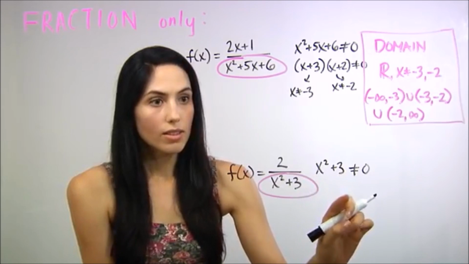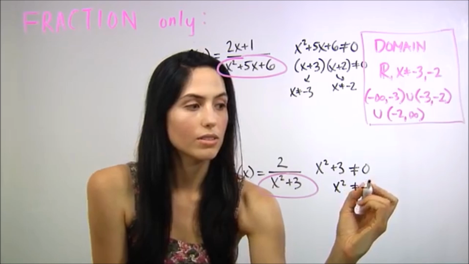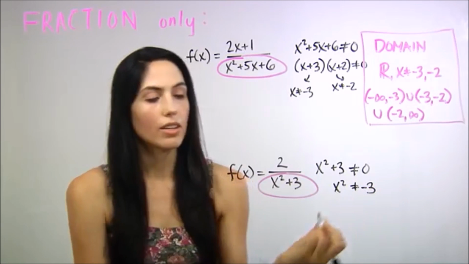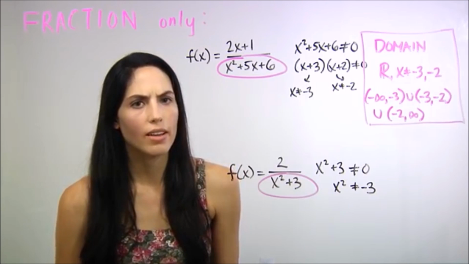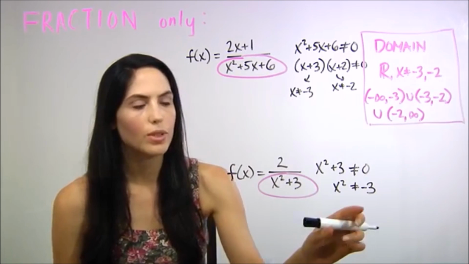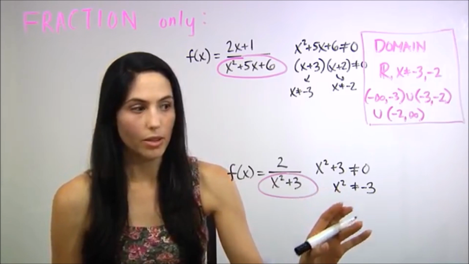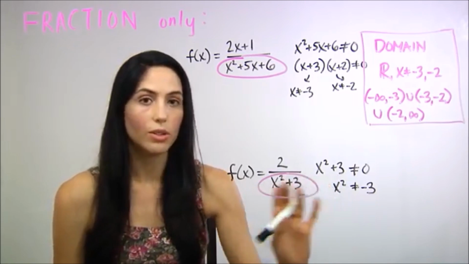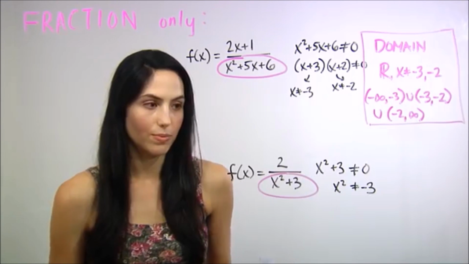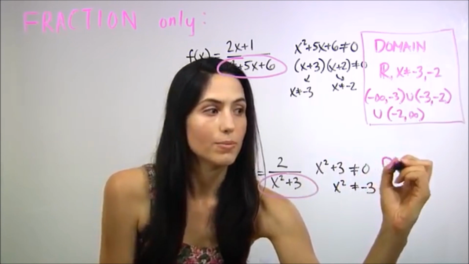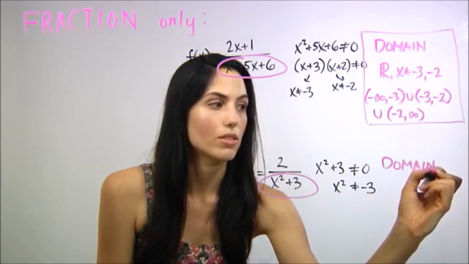Now when you solve this equation, you end up with x squared cannot equal negative 3. But x squared can never equal negative 3, so we just can't have that ever. There's no x value that would ever make that happen, so you don't need to worry about that restriction. All you need to write in that case is your normal all real numbers domain.